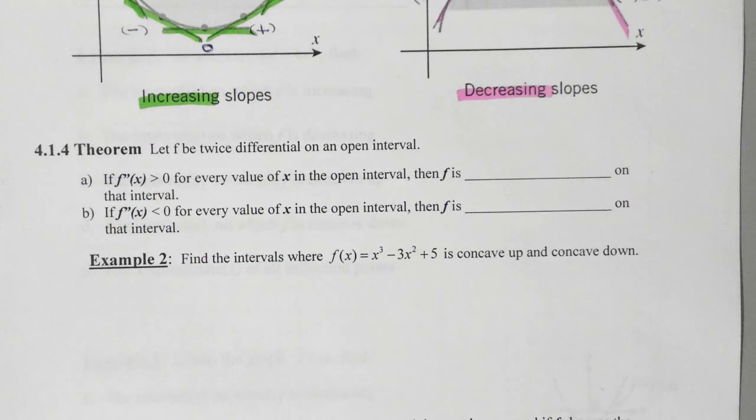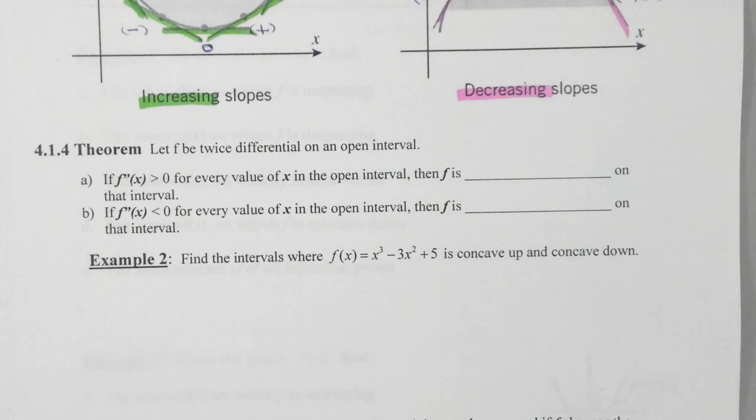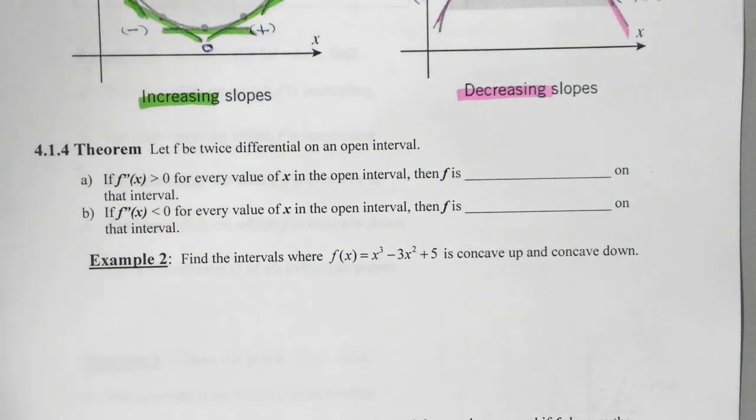Okay, so we left off talking about concavity, and this is one of the statements that you would actually see when you would be reading a question. So you might see something to the effect of, let f be twice differentiable, or f is a twice differentiable function. And I know that's not spelled correctly.